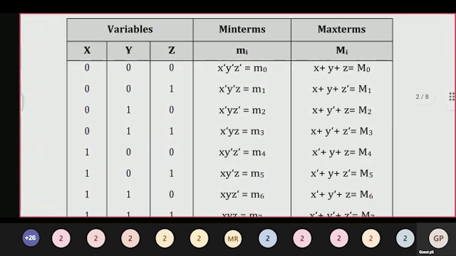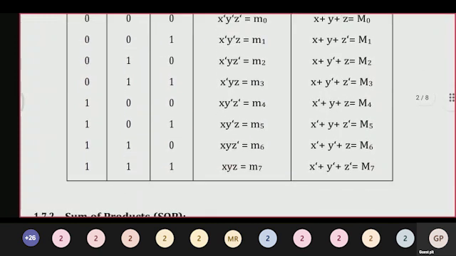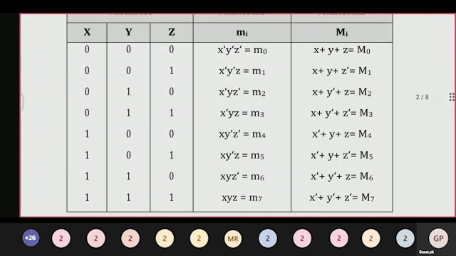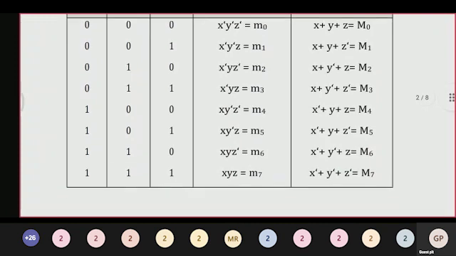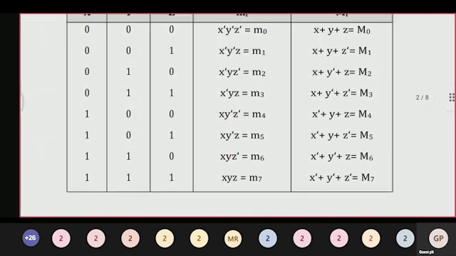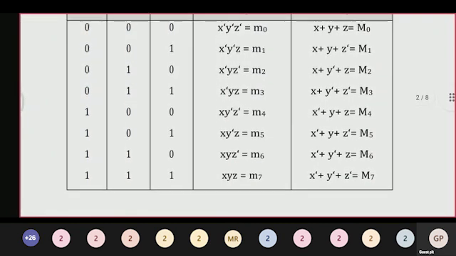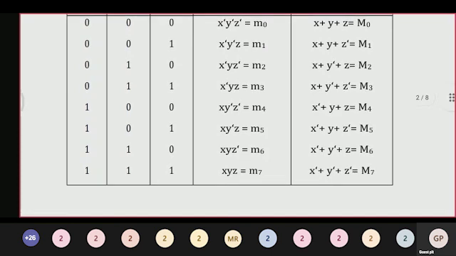It corresponds to min term m3. And 1 0 0, that is 1 is represented in its actual variable, so x, and y z is 0 0, that will be represented as y bar, z bar. So you have min term m4. Next one is 1 0 1, represented in min term as x, y bar, z.